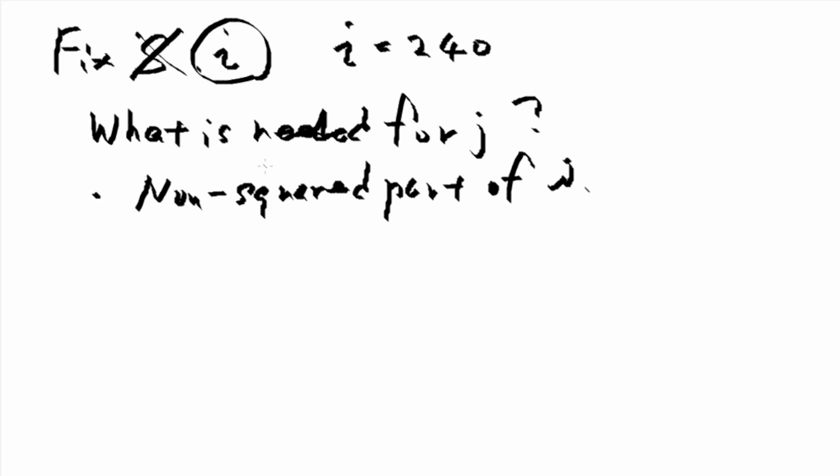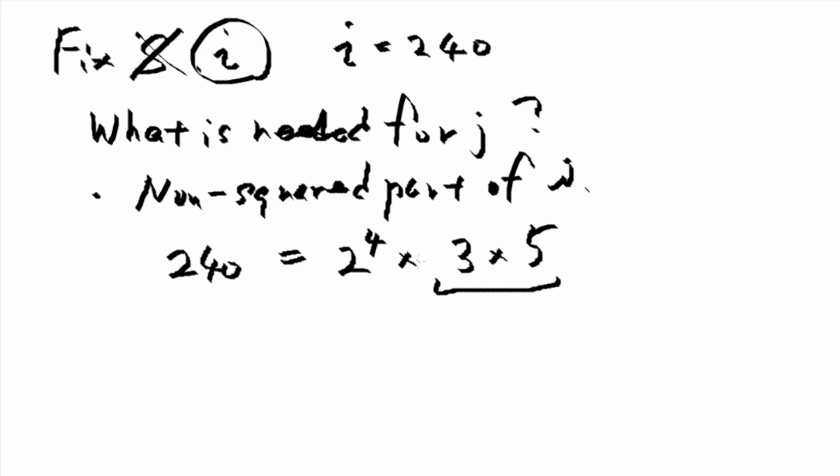For example, 240 equals 2 to the 4th times 3 times 5, and the non-square part is 3 times 5. And 2 to the 4th is the square part.